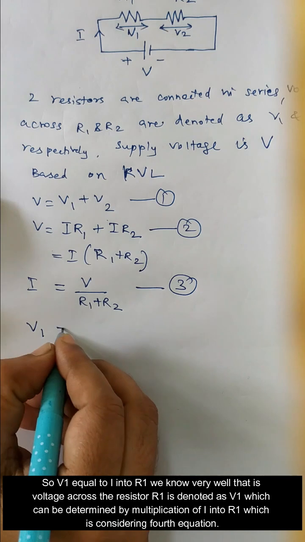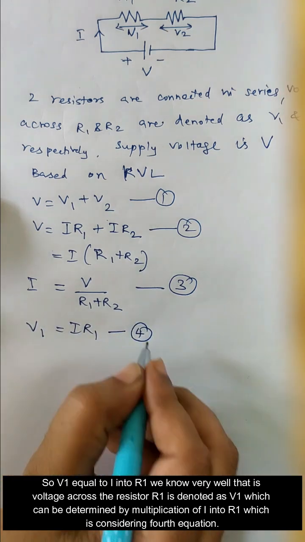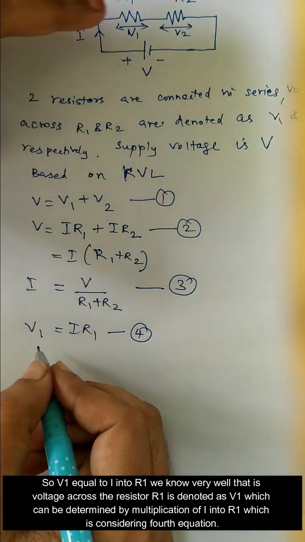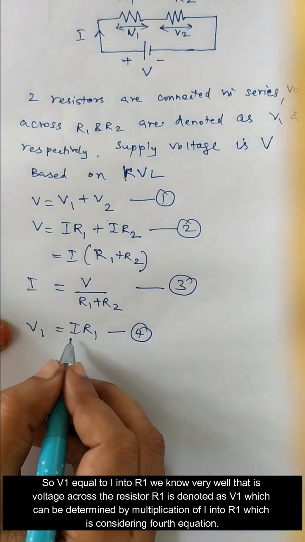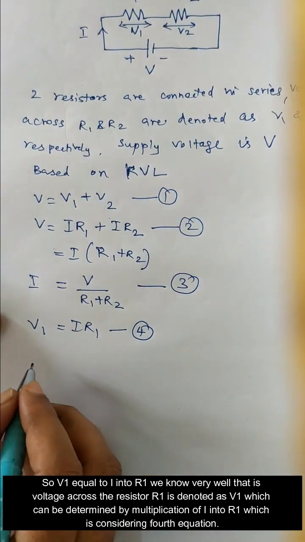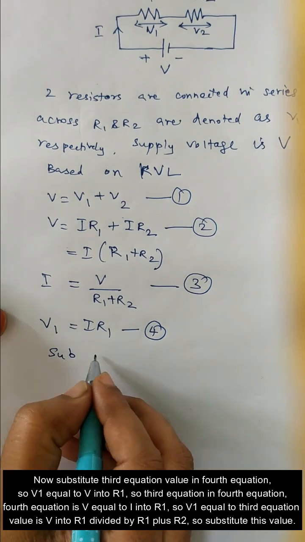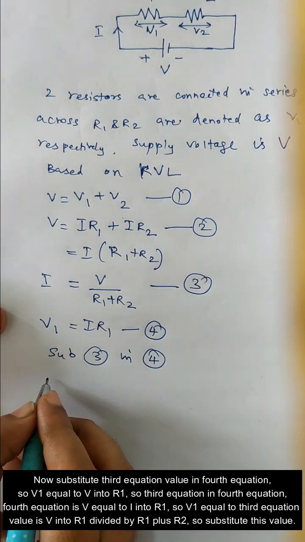So V1 equal to I into R1 we know very well, that is, the voltage across the resistor R1, denoted as V1, can be determined by multiplication of I into R1, which is considered as the fourth equation. Now substitute the third equation value in the fourth equation.